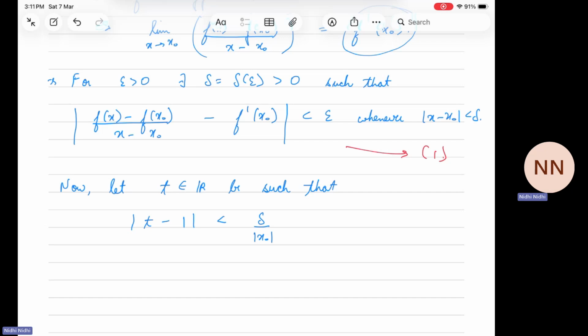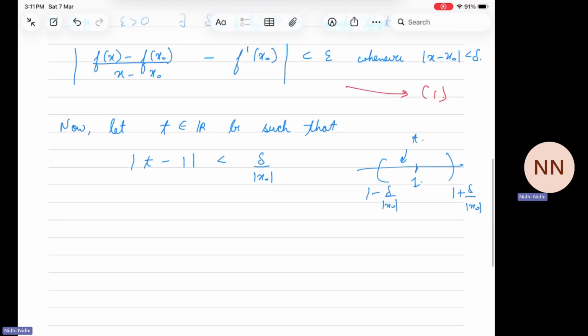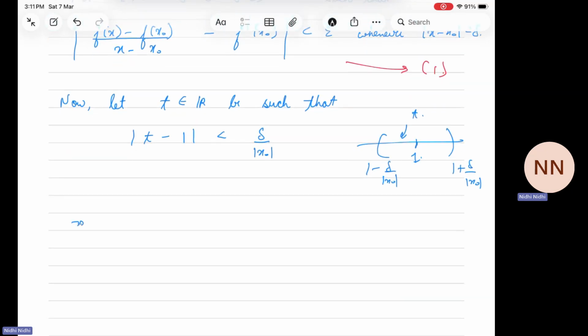So if I take t to be any real number in a neighborhood of 1, so basically if this is 1, we are in between 1 minus delta by mod x naught to 1 plus delta by mod x naught. So we are taking t somewhere from here. That will give us the modulus of t x naught minus x naught, which is equal to mod x naught times mod t minus 1.